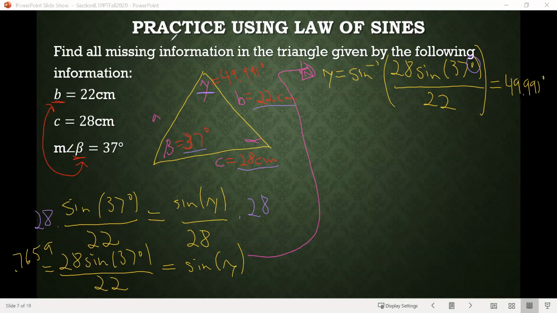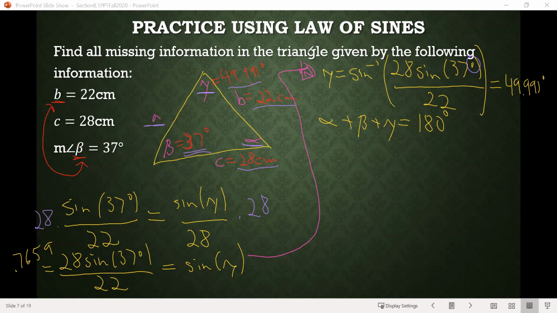Now the information we have left to find is the measure of angle alpha and the length of side A. Because we have the measures of angles gamma and beta, we can now find the measure of angle alpha. We know that alpha plus beta plus gamma, because we're in a triangle, should be 180 degrees.